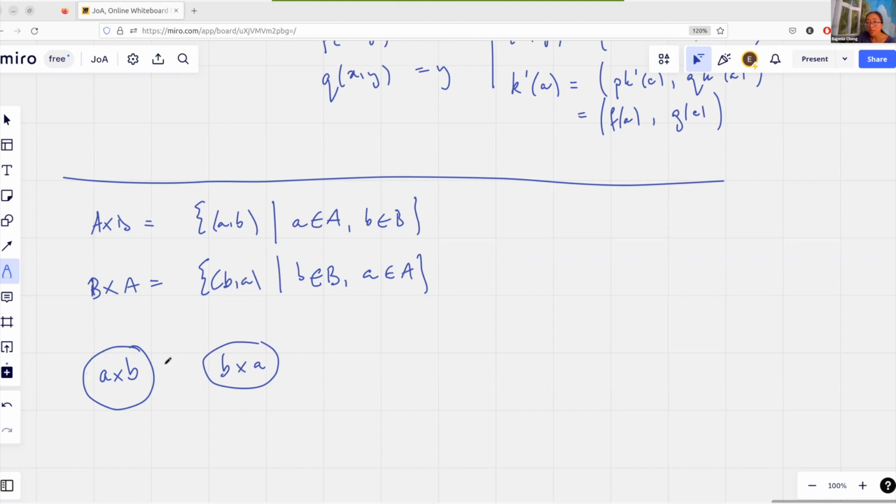Once you have picked a particular object to be your particular A cross B, then you can say that there is a unique isomorphism to the one this way around. But until you've picked a scheme for which is going to represent your product A cross B, it doesn't really make any sense to think of these as different in a general category. What's happened here is in the category of sets, we have picked a specific representative of the product A cross B, and we can do that consistently across the entire category because we have this concept of ordered pair.